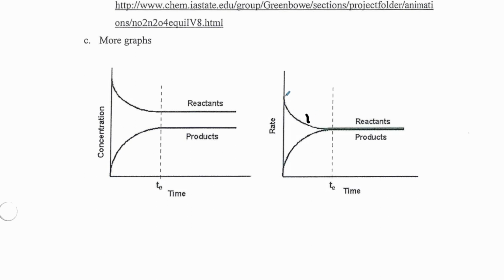We've got the fast rates slowing down for the reactants, whereas the rate of the production of the products starts also fast and slows until they converge at the same rate. So the rate of both reactants and products past this dashed line is the same. So just another way to look at the process.